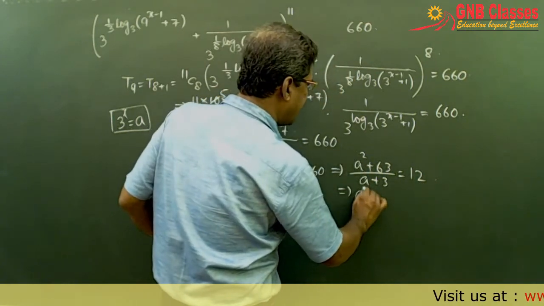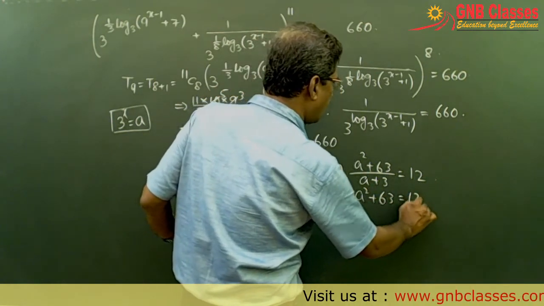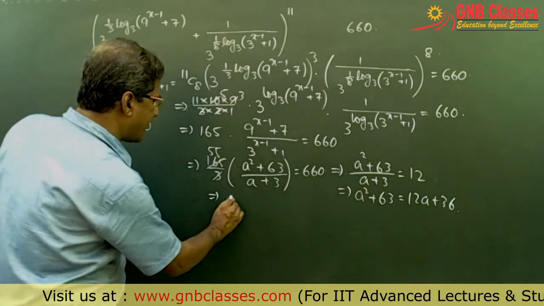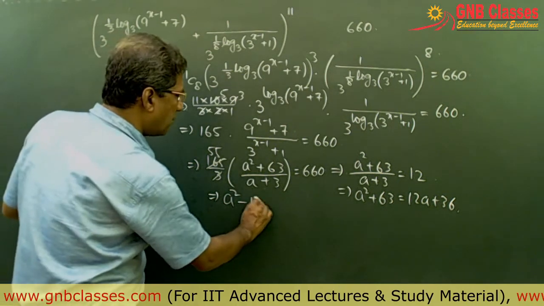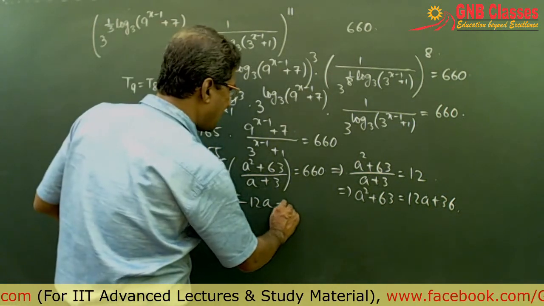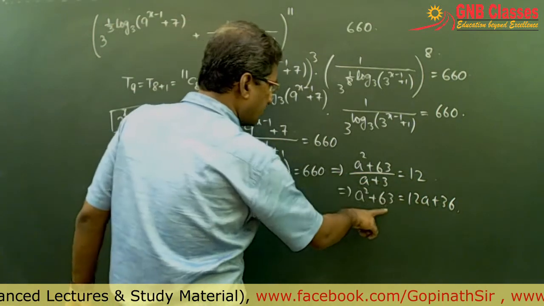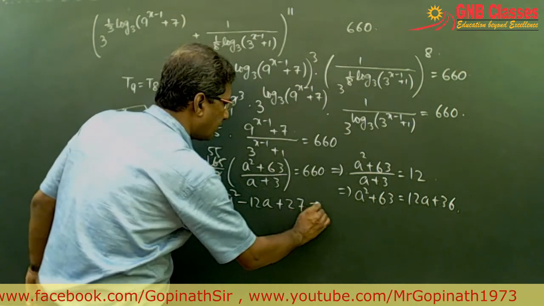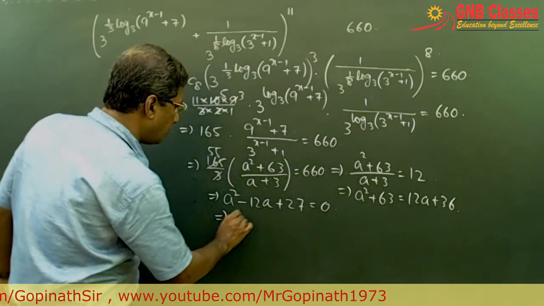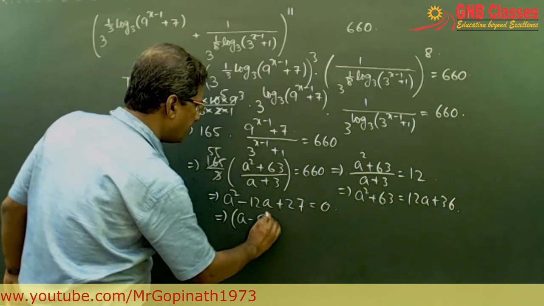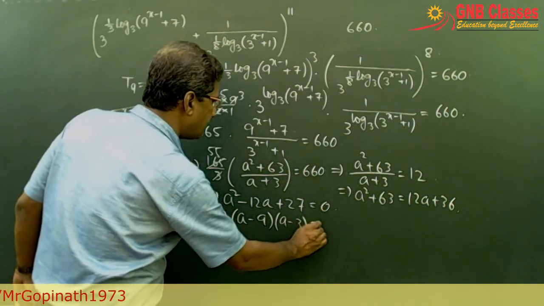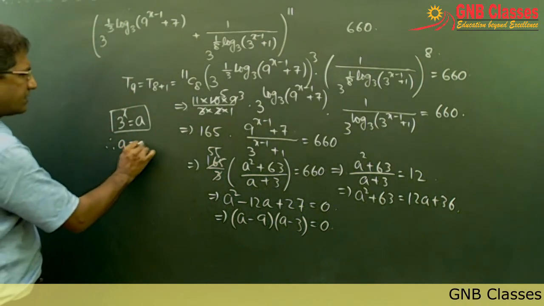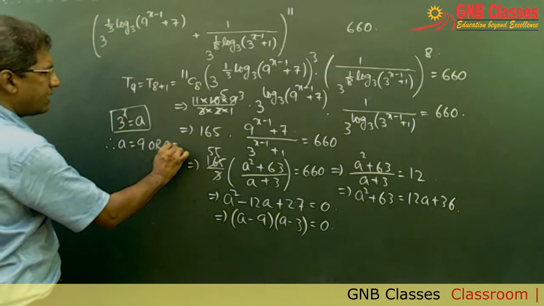So we are getting basically a square plus 63 equals to 12a plus 36, right? So if we take everything in the left hand side, we are getting a square minus 12a plus 63 minus 36, 27, which is equals to 0. So that gives you a minus 9 into a minus 3 equals to 0. Therefore, your a is either 9 or your a is 3.